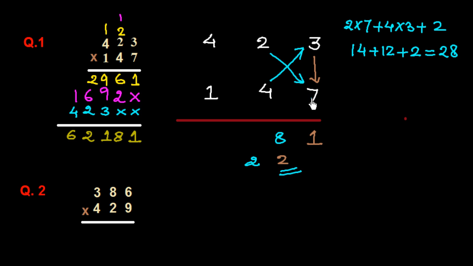Now what we have to do here? Now we have to multiply this diagonal and this middle number to each other and add it all up. So I explain how we do it. 4 into 7 plus 3 into 1, 2 into 4, plus the carried number.